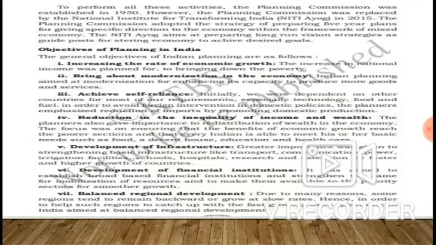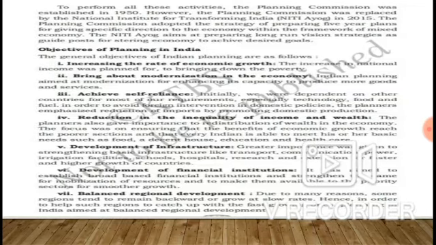The sixth one, development of financial institutions. It was aimed to establish broad-based financial institutions and strengthen them for mobilization of resources and to make them available to the priority sectors for smoother growth.